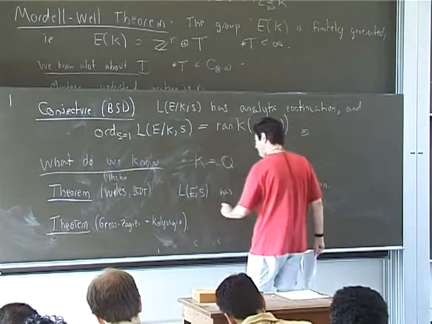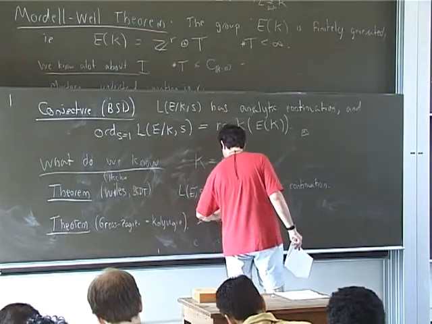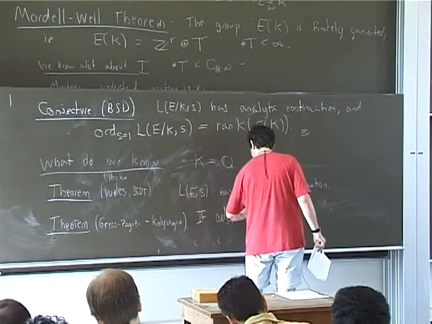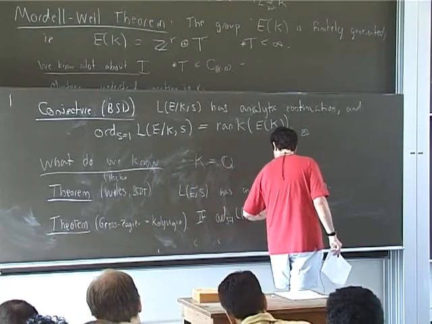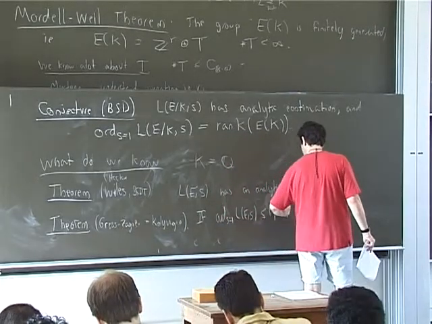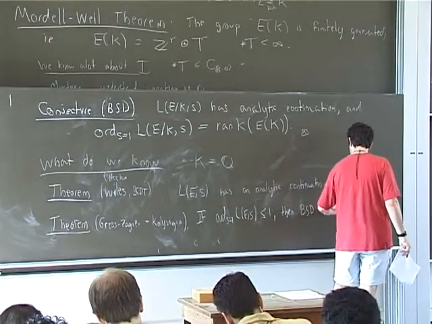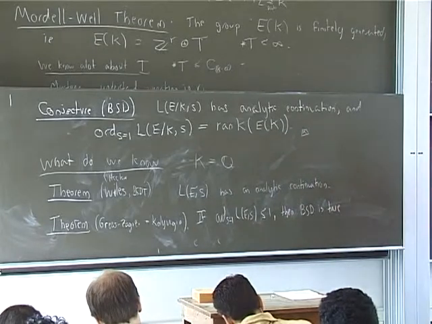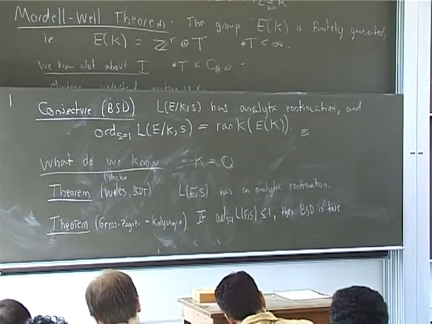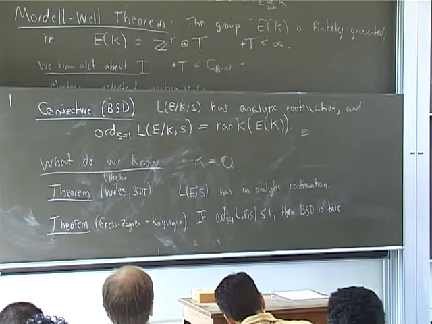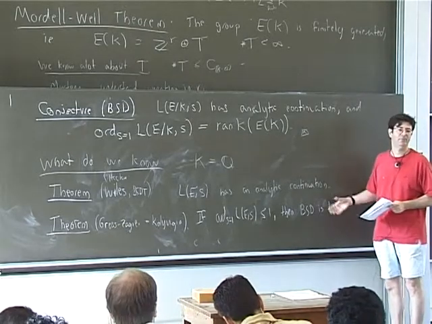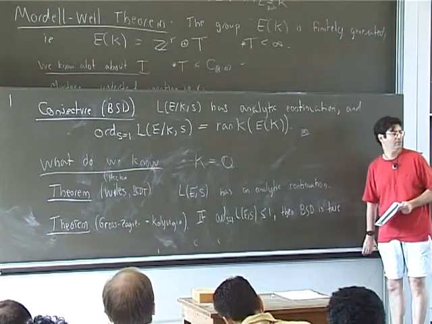So if the order of vanishing at s equals 1 of L(E,s) is less than or equal to 1, then BSD is true. Namely, the rank of E over Q is exactly what it's predicted to be by the BSD conjecture, either 0 or 1, as the case may be. Those are the two main results we have about the Birch and Swinnerton-Dyer conjecture.